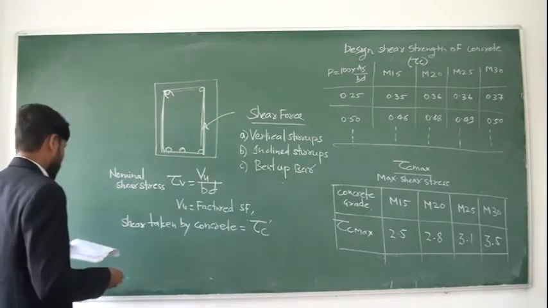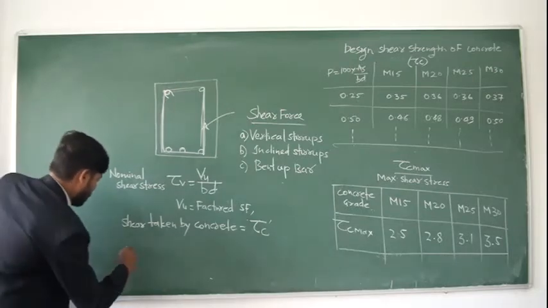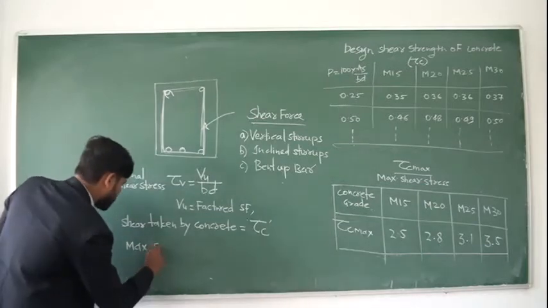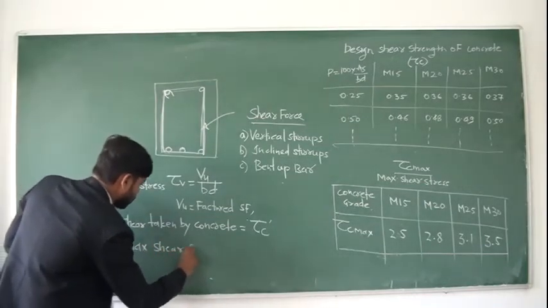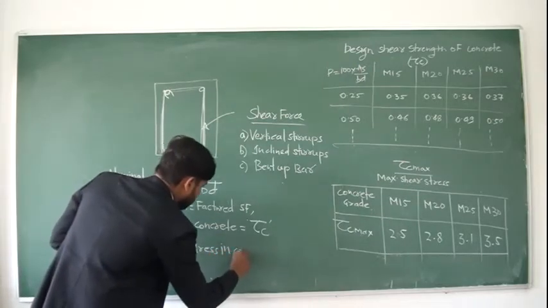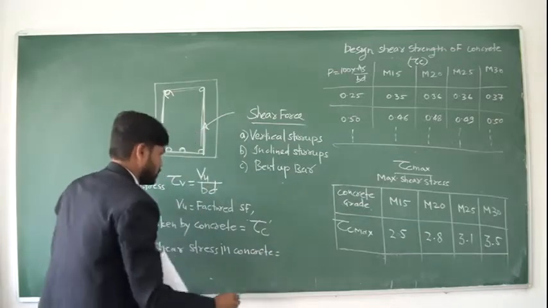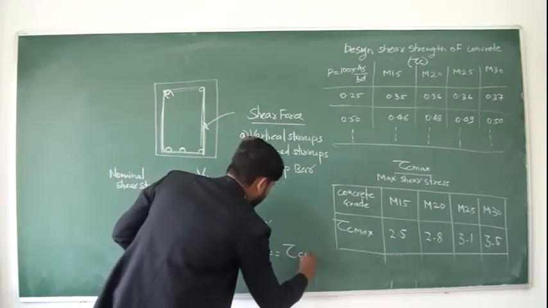Then another way you can say maximum shear stress in concrete. So it is tau c max.